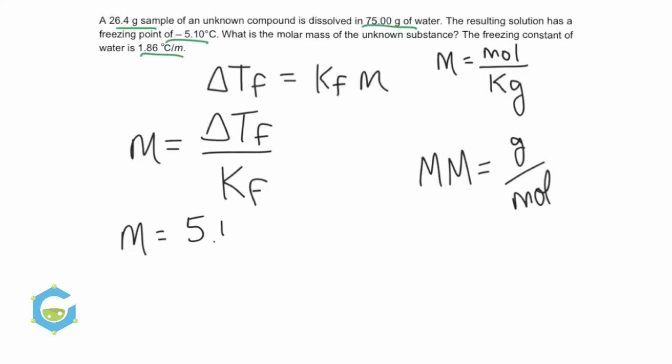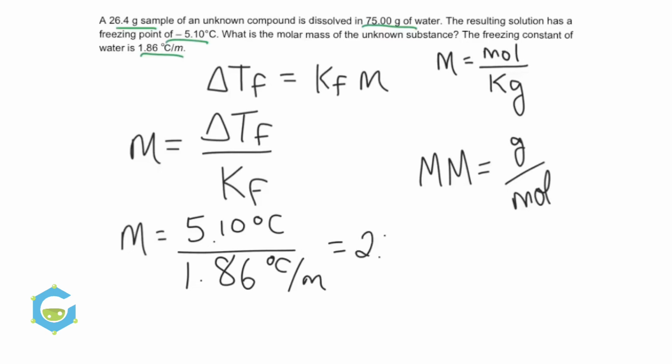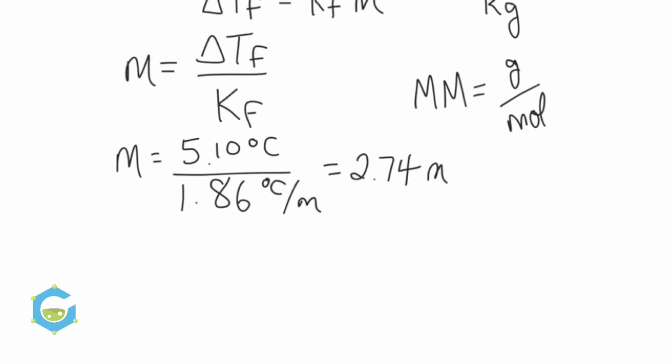It changed from 0 degrees Celsius, the normal freezing point of water, and went down by 5.10. We don't need the negative sign because we want the change, not the actual value. Then we divide by the freezing constant, plug this into the calculator, and we end up with a molality of 2.74 molal.